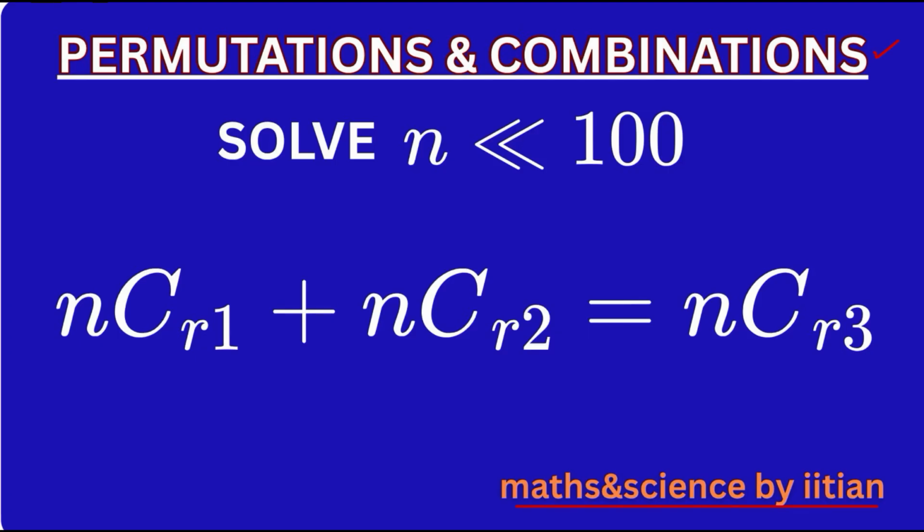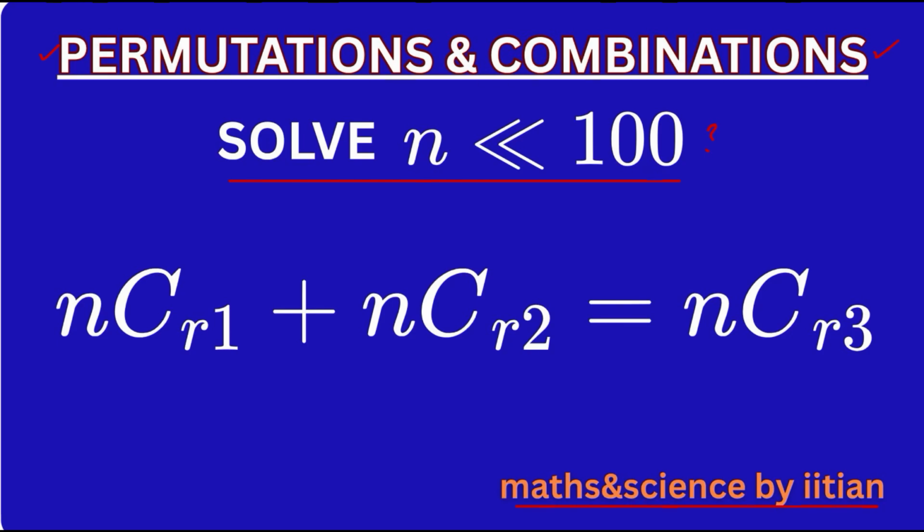In this lecture, I will be taking up the previous lecture's continuation on permutations and combinations. It's a very good lecture, and you might have already seen my previous lecture on this. To find n, R1, R2 and R3 such that nCR1 plus nCR2 is equal to nCR3.